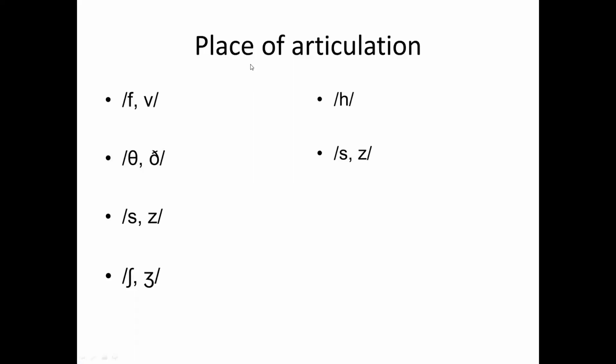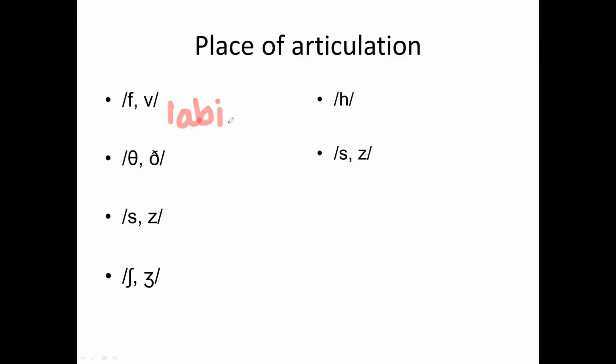All right, so we have a bunch of different places of articulation to keep in mind when we talk about all of these fricatives. They differ all the way from labiodental to dental. So you can see these work their way from the lips into the mouth, where we get further in the oral cavity with our alveolar sounds.